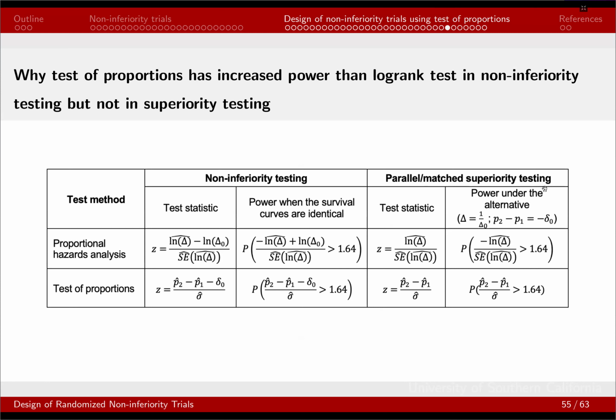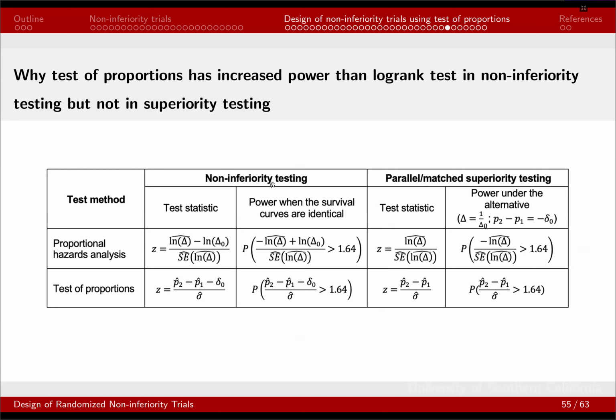To make things comparable, we assumed that the event rates of the control arm, which is the standard of care arm, for non-inferiority testing are the same as the event rates of the experimental arm in the superiority testing. Also, we assumed the non-inferiority margin is the same as the superiority margin.